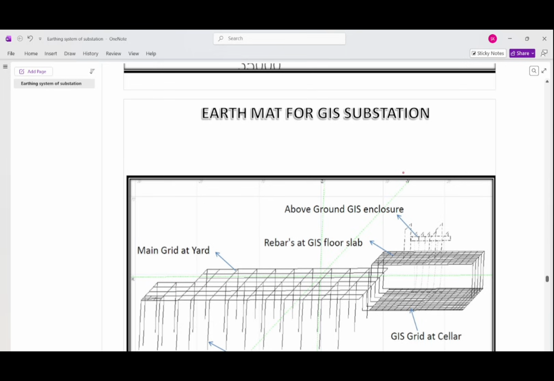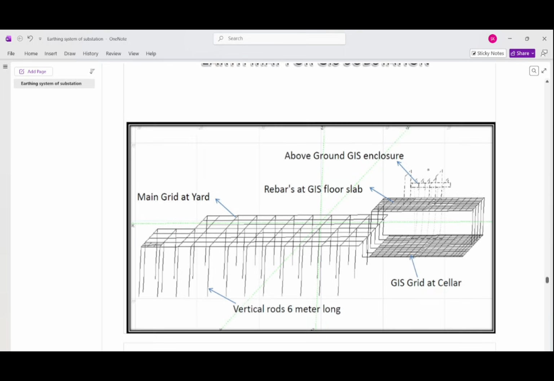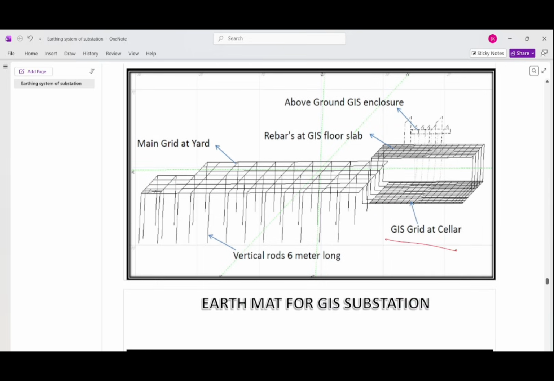Earth mat for the GIS substation. One is the grid at the cellar floor, and the rebar in the GIS floor slab also. The above ground GIS enclosures are connected to the floor slab rebars at the GIS and to the GIS grid at the cellar floor. So these are the interconnections shown. And there are vertical 6 meter long rods, the main grid at the yard.